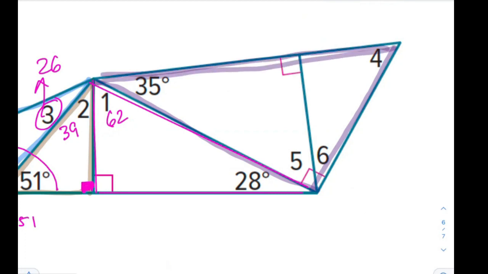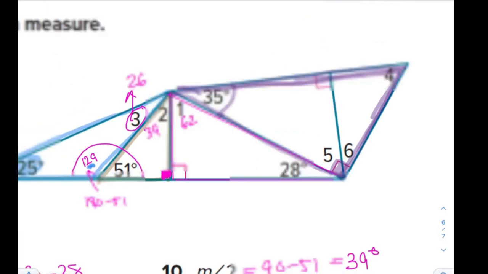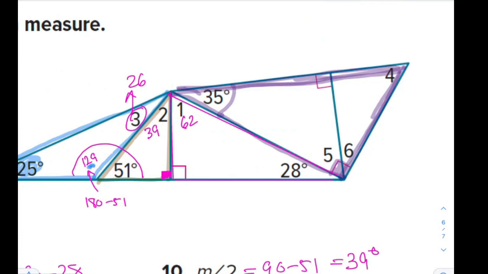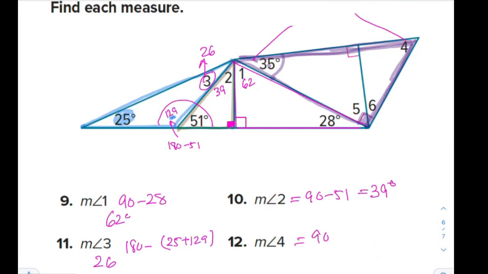As you see in this big purple triangle, we have a right angle here, and we have here one given angle. So simply, you can say that angle 4 is complement to 35, meaning these together make 90. So angle 4 is 90 minus 35, right? Which is 55.